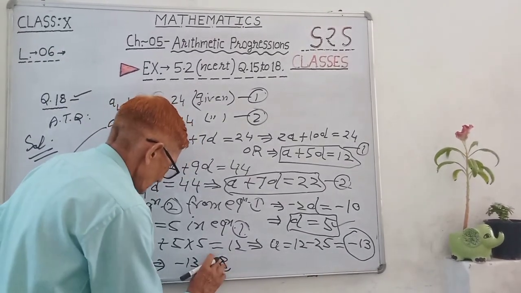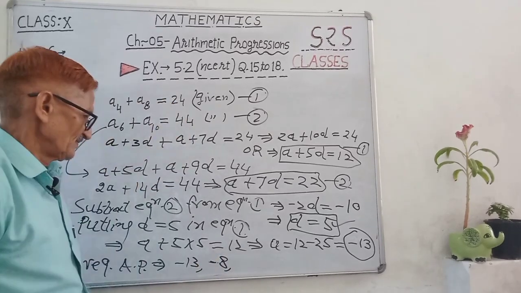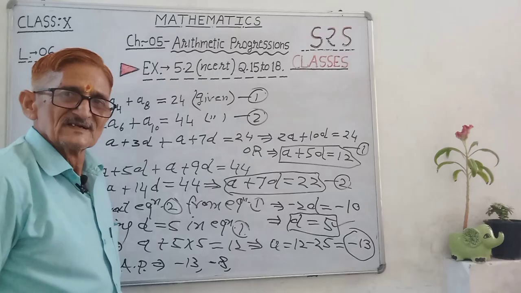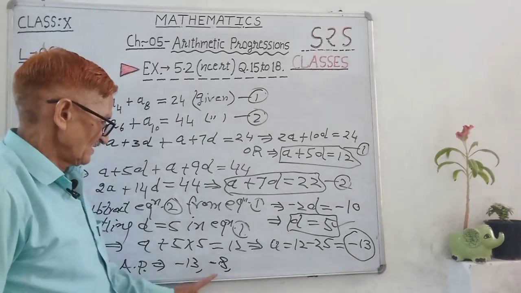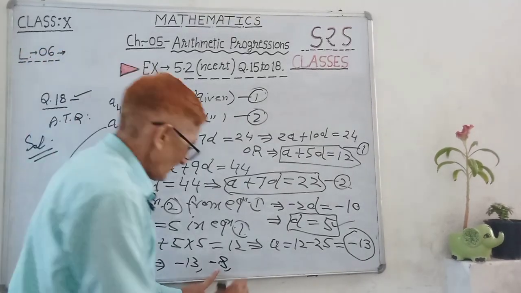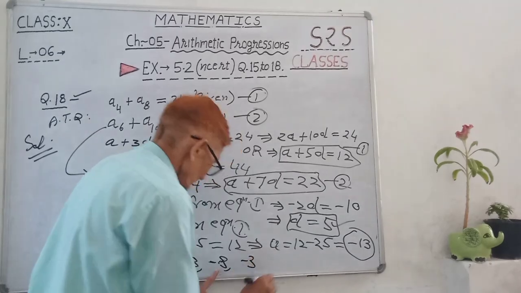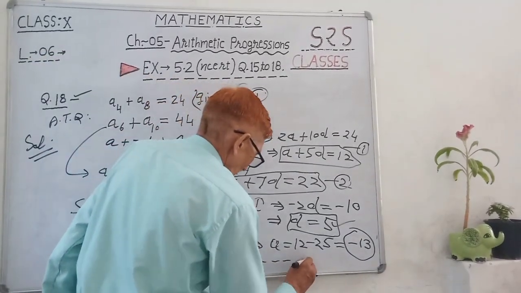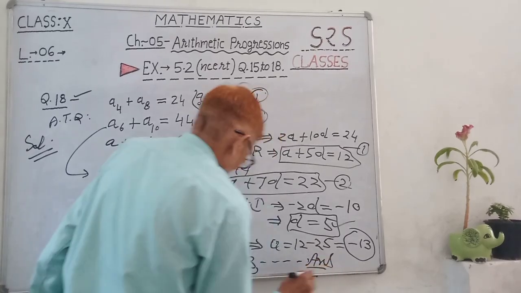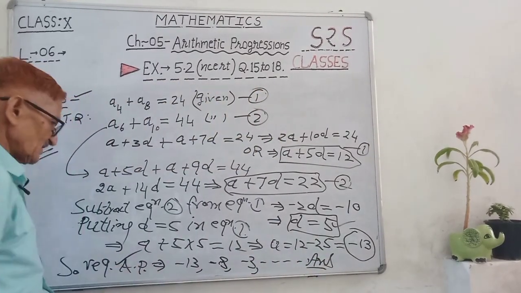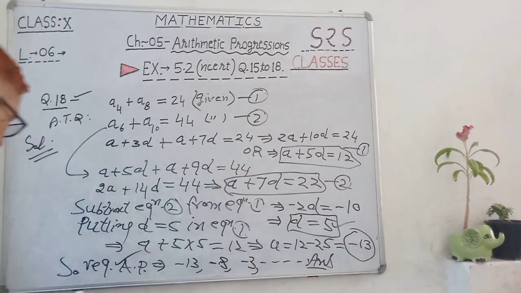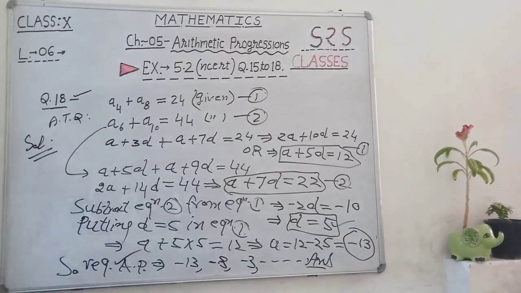The next term, again plus D, D is 5, so minus 8 plus 5 is minus 3, and so on. Answer: the required AP. Only 3 terms are asked, no need to give further. Done. So similarly we can do like this, very simple.